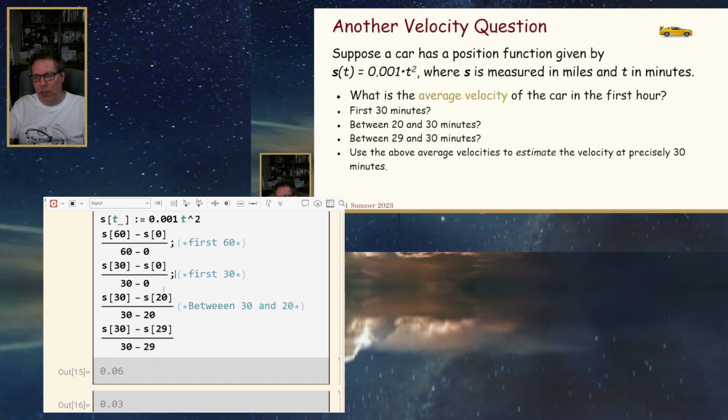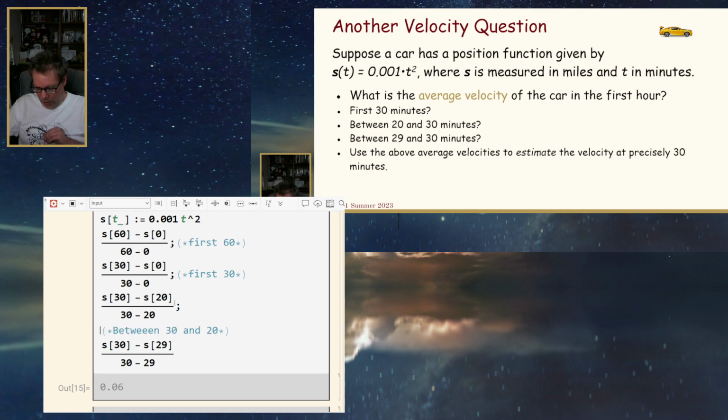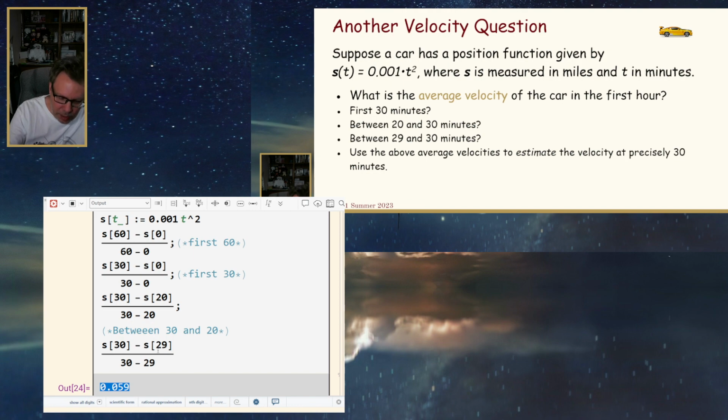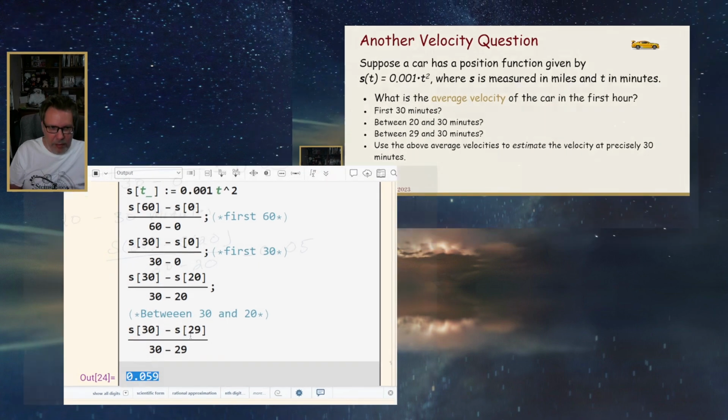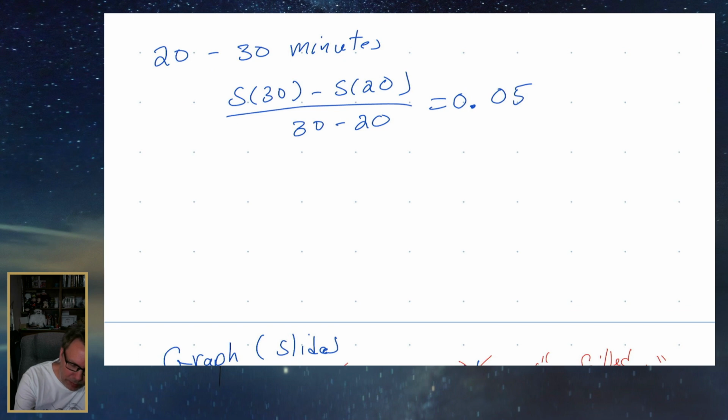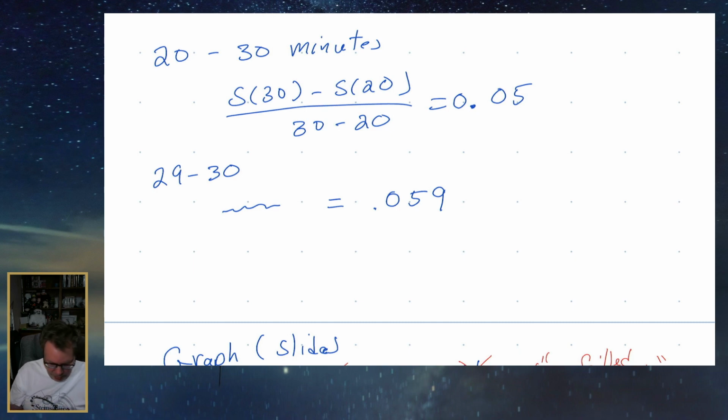If I put semicolons at the end, I can suppress the output. Now I'm only getting 0.059 between 30 and 29. So back to my written work: between 29 and 30, I'm going to put 0.059.